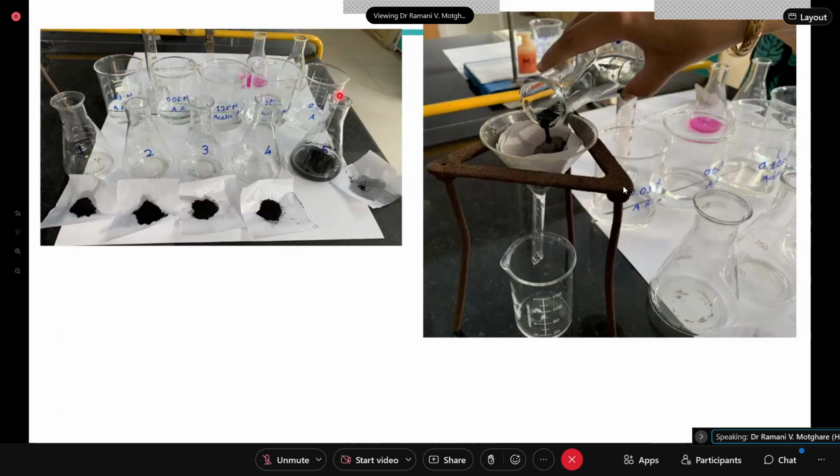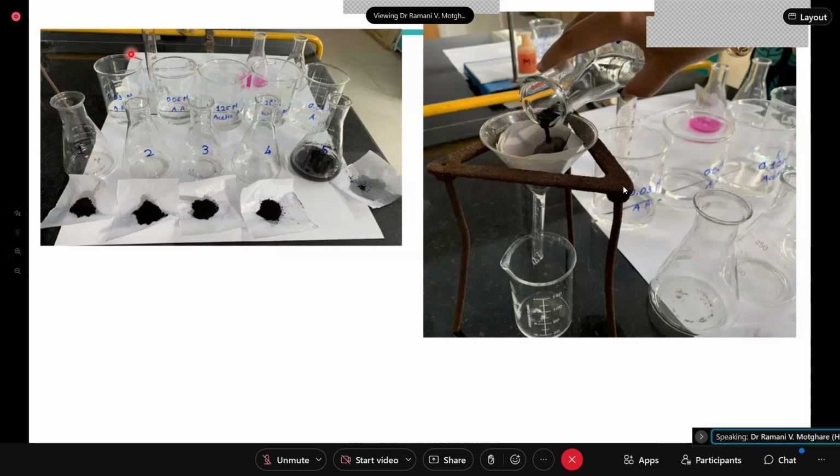Okay, 1, 2, 3, 4, 5. Now among these five solutions here, the lowest concentration is 0.03125. Okay, so that is used. This is 0.0625. This is 0.125 molar. This will be 0.25. You can see it here, and this is 0.5 molar. Okay, this is 5 written here.